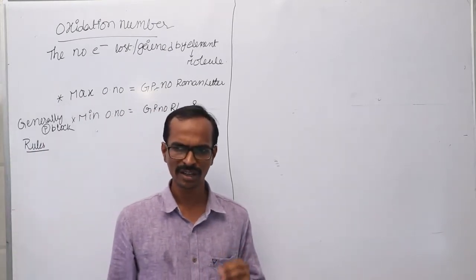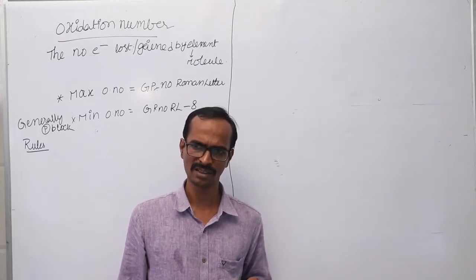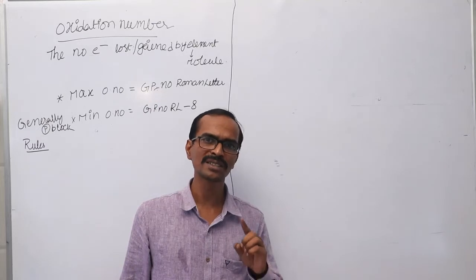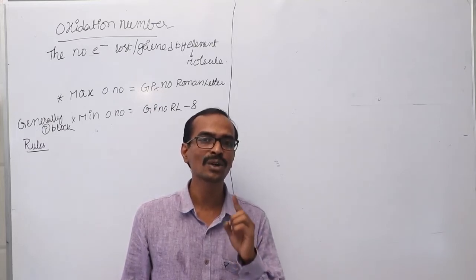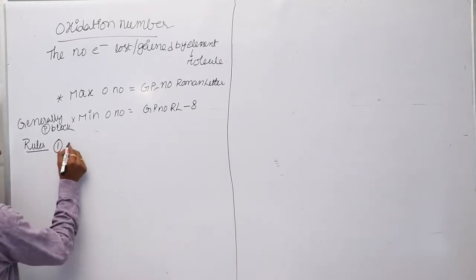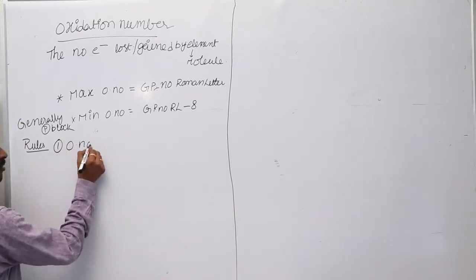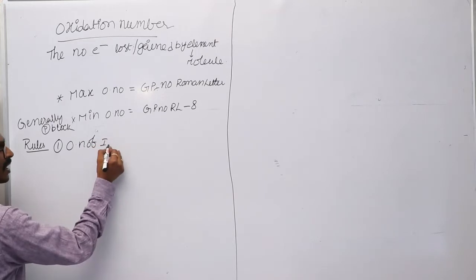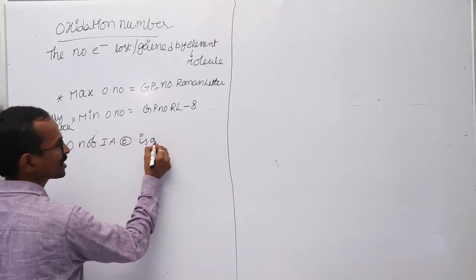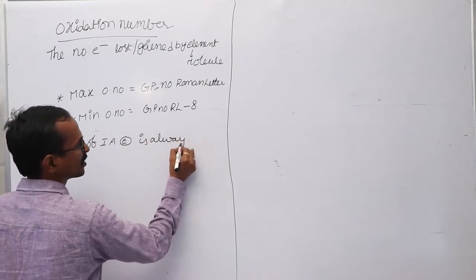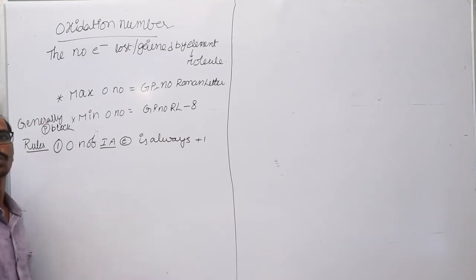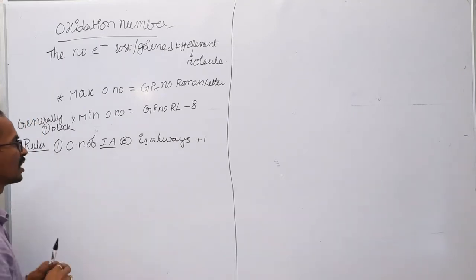Here, generally, the oxidation number of 1A group elements is always equal to +1. You have to remember this first rule. What are 1A group elements?